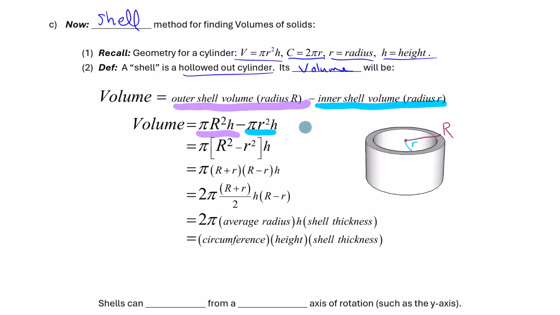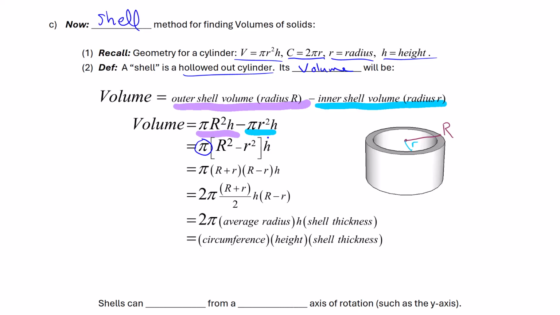Now, if we do a little bit of algebra with this, it can turn into a convenient sort of formula for us. That's what we want to do. So notice what would happen here. If I just take what we just described, the volume of the outer cylinder minus the volume of the inner cylinder, and I factor out what's common to both of those terms, that would be, of course, a pi, which I'll factor out to the left or in front of our expression.